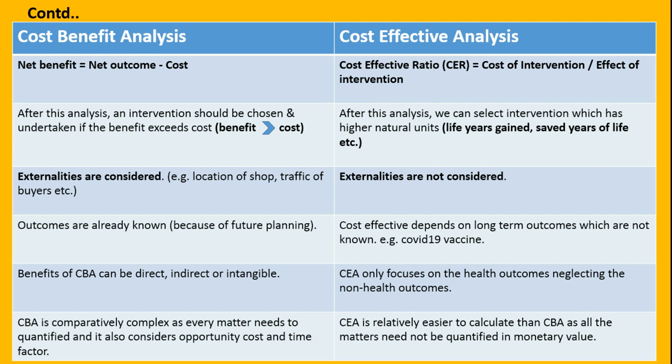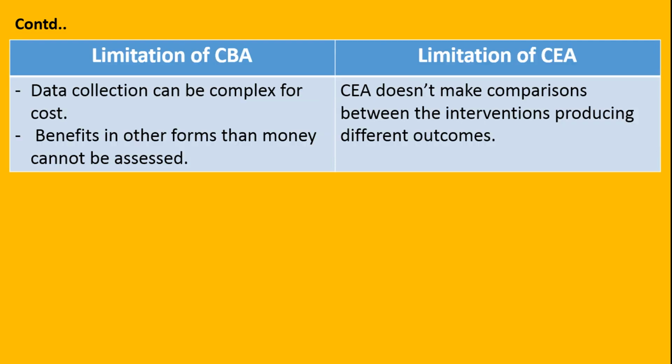Cost benefit analysis is comparatively complex as every matter needs to be quantified, and it also considers opportunity cost, foregone cost, and time factor. Cost effective analysis is relatively easier to calculate than cost benefit analysis, as all the matters need not be quantified in monetary value.